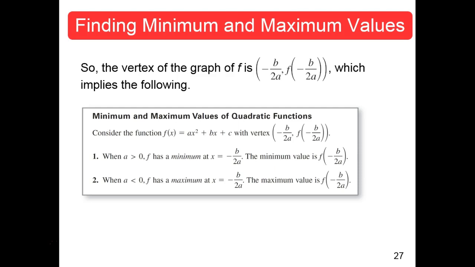Now, when this a is positive, what is your vertex? Yeah, the vertex is your minimum value, okay? And when a is negative, the vertex is the maximum value. And there it is. The minimum is at this value for x, and that is your h, and the value of the function will be your k value.